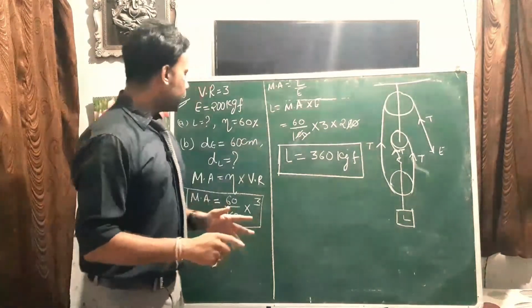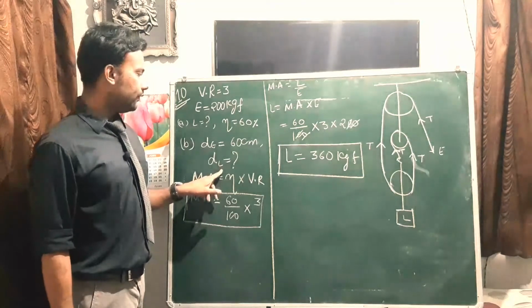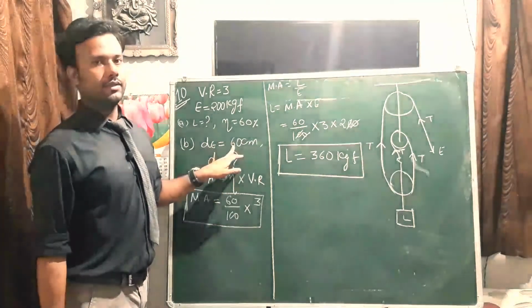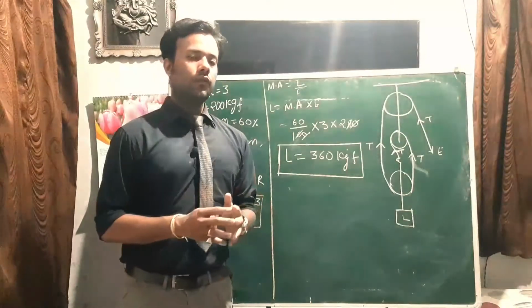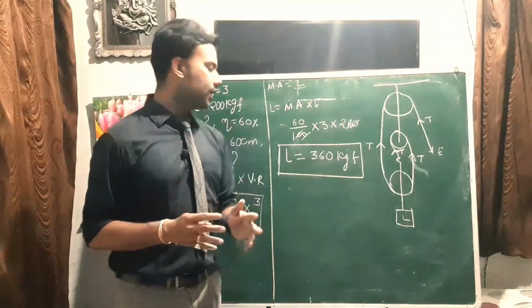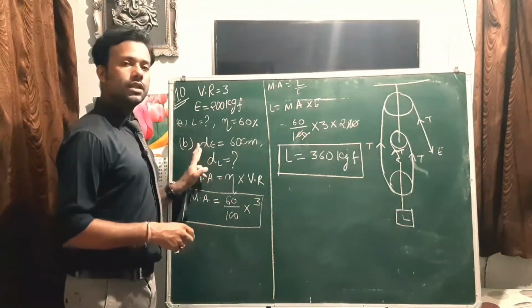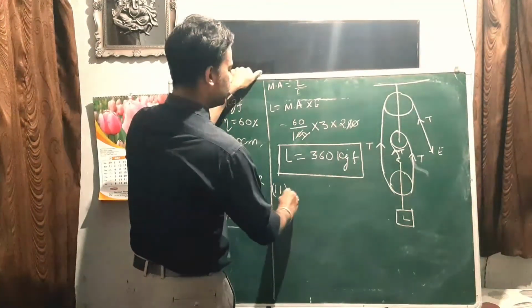In the second part, we have to calculate the distance travelled by load if the distance travelled by effort is 60 centimeter, right? So now we have to calculate the distance travelled by the load. We have the distance travelled by the effort as well as the VR. So what is the VR?